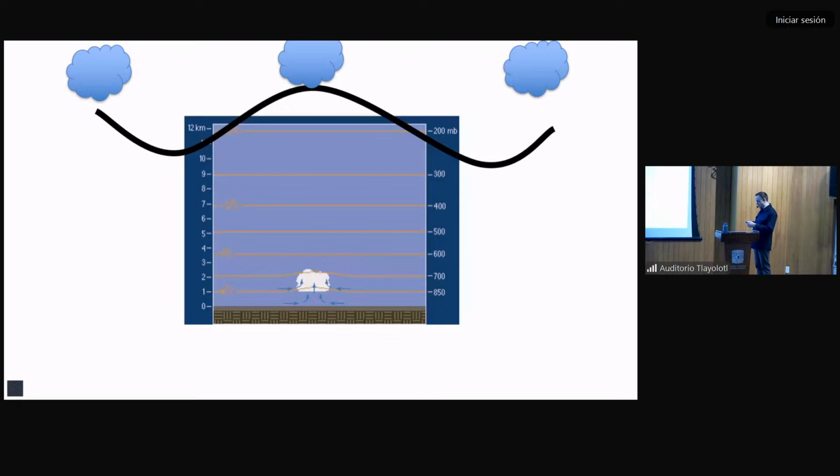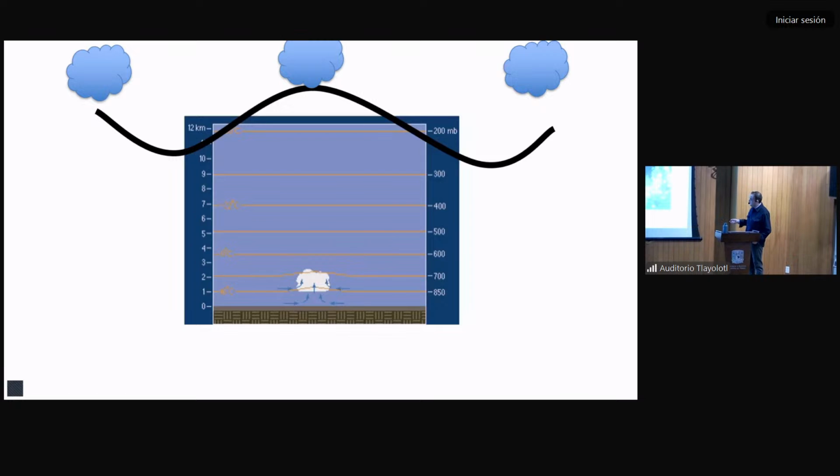Trying to be slightly historically accurate, in the tropics the first evidence of these kinds of waves were the easterly waves, waves that are produced in Africa and move to the west.